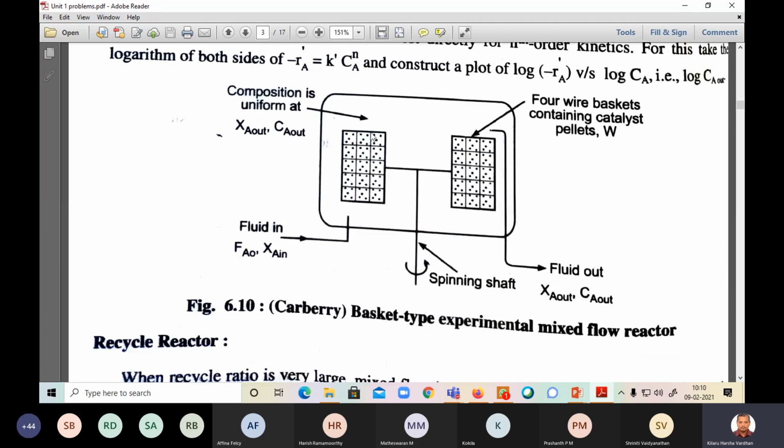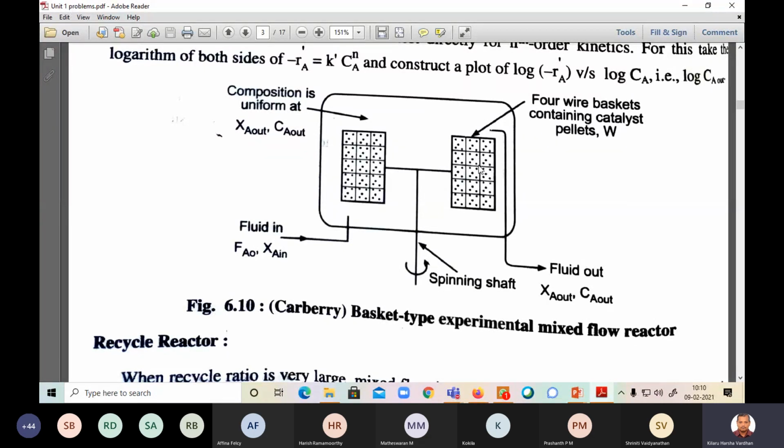So there will be paddles here to maintain the uniform concentration, on this particular shaft, so that the concentration becomes uniform. This is the fluid in, this is the fluid out. Whatever is the concentration here, the fluid goes out at the same concentration.